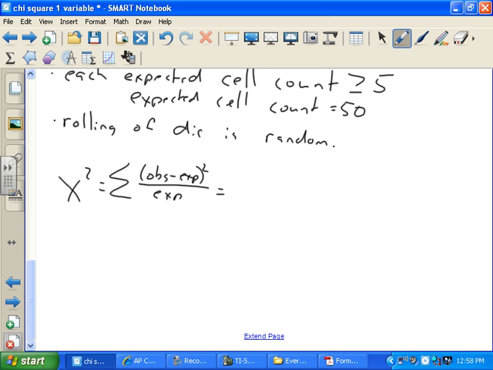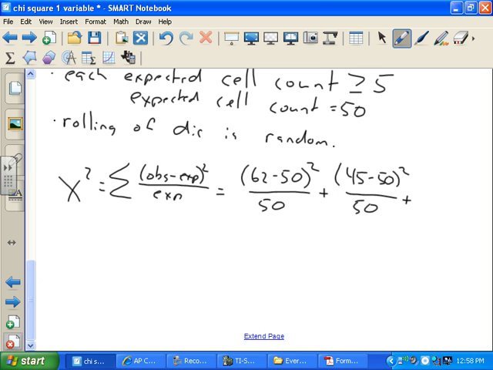For the number 1, there were 62 actual data pieces, so I'm going to say 62 minus 50 squared divided by 50. That's for the first data piece. My next data piece is 45 minus 50 squared over 50 plus.